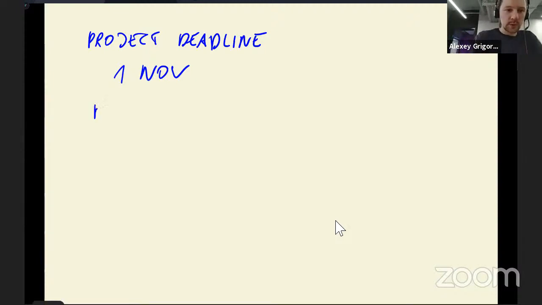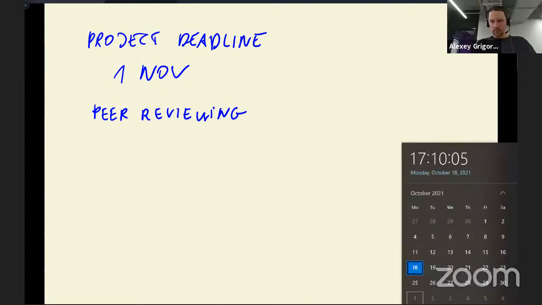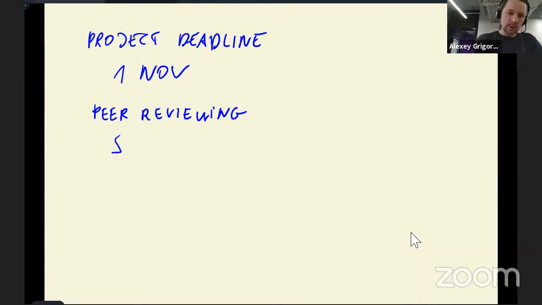So then we will have 1 week for peer reviewing. Right, and then the deadline for finishing peer reviewing will be the week after, basically. So it will be 8 November.